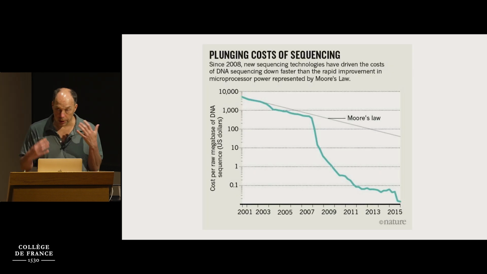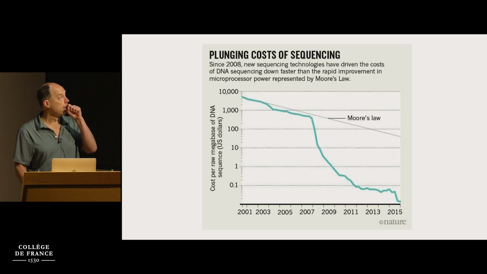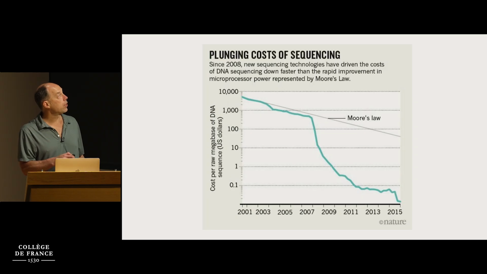Sequencing technology has become incredibly powerful, and there's this famous graph here of the cost of sequencing DNA per million bases of DNA, or million letters of DNA, as a function of time. This is the year here. And you can see, in the first part of the 21st century, it was dropping exponentially. Then it really accelerated, super exponentially, and it's dropped many orders of magnitude.